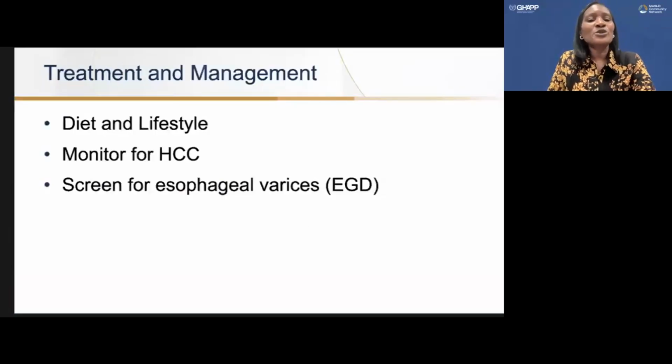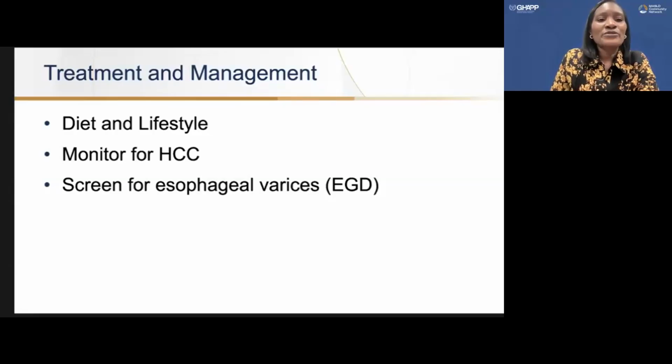So treatment of this patient will include diet and lifestyle modification. Dietary modification, preferably Mediterranean diet, is recommended, and weight loss. You do want to monitor for HCC, so getting an MRI in this patient and maybe alternating every 6 months which imaging modality you'll be using.